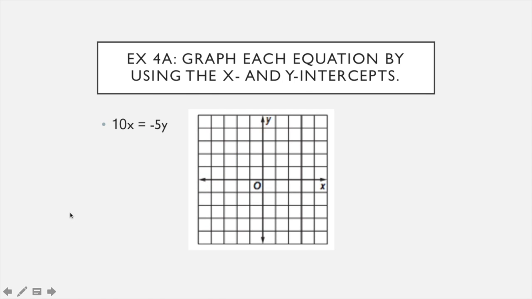Now the fourth type of example will ask us to use our intercepts to draw a graph. So given this thing here, we want to check what are the intercepts. My x-intercept will be when y is 0. It's always when the other variable is 0. My y-intercept will be when x is 0.